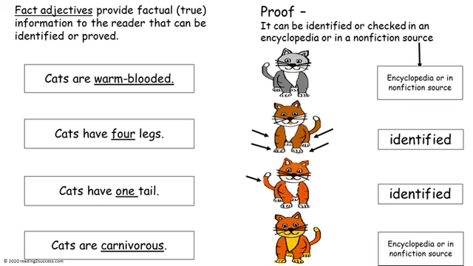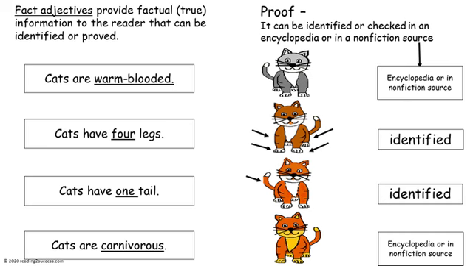We had kids practice opinion adjectives, and now it's time to introduce them to fact adjectives. They provide factual, which is true, information to the reader that can be identified or proved. Let's look at our 4 sentences.